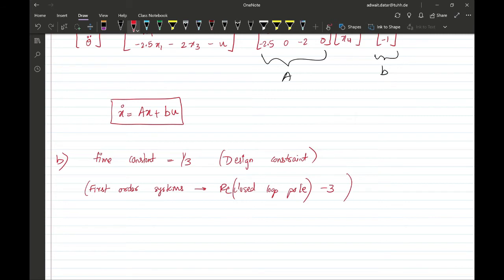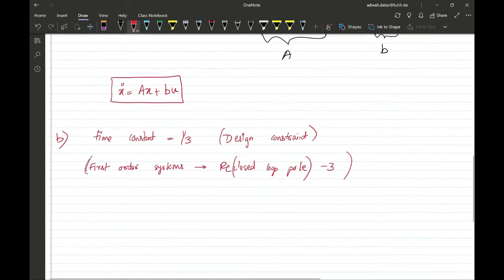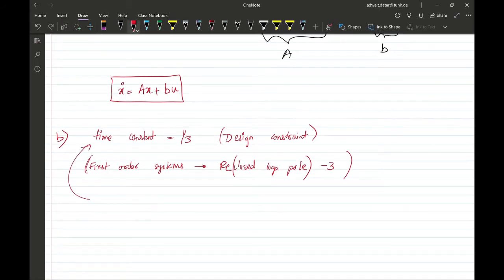But we can sort of generalize this for higher order systems, and we can say that this roughly corresponds to the slowest pole being at -3. So our design constraint is basically that all poles, or the real part of all poles, should be less than or equal to -3.